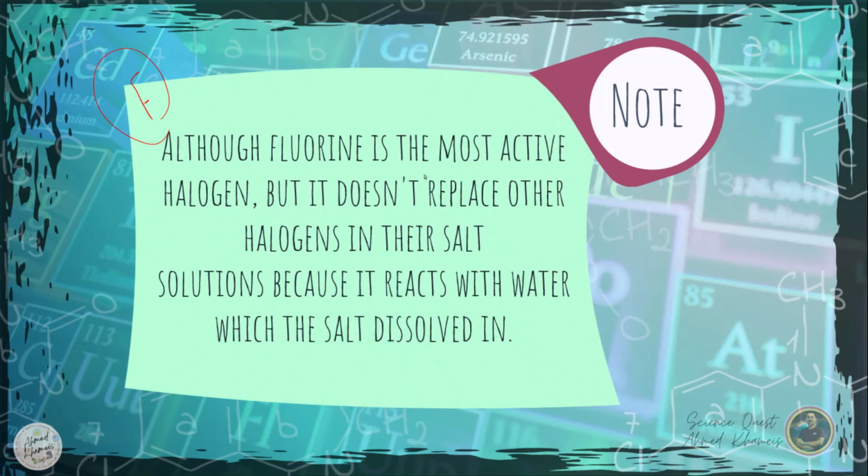So although fluorine is the most active, it doesn't replace other halogens in their salts because it reacts with the water which the salt dissolves in. And we use this if we need to extract halogen metals in a solution: we add fluorine, so the fluorine will react with the water and precipitate the salt.